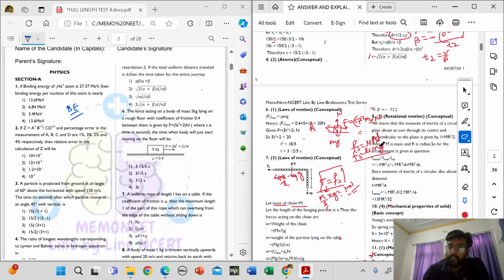We will equate this friction force with the value of the force because these are in opposite directions, so they will balance each other, and from there we can get the value of our time.